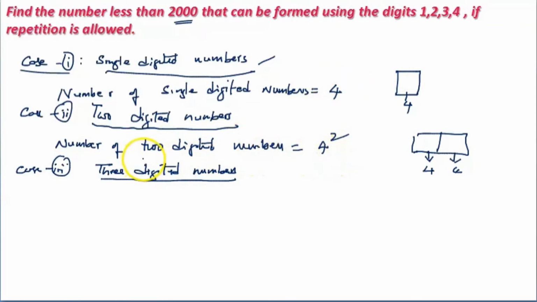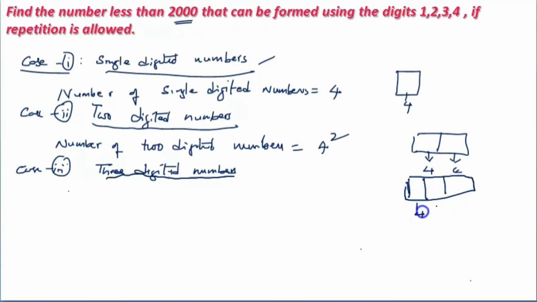Three-digit numbers: the first place can be filled in 4 ways, second place 4 ways, third place 4 ways. So the number of three-digit numbers is equal to 4 cube.